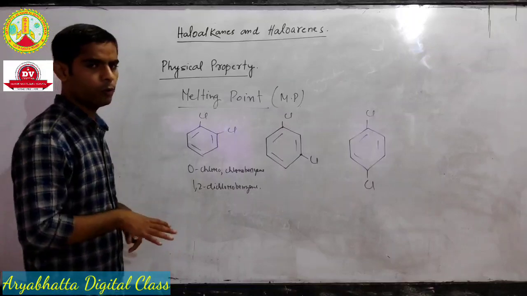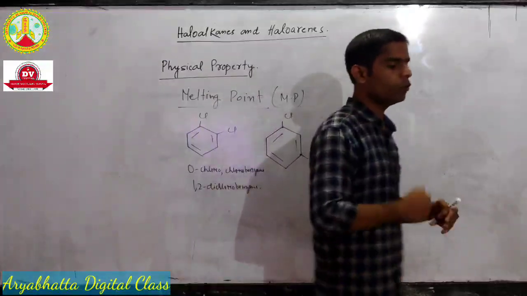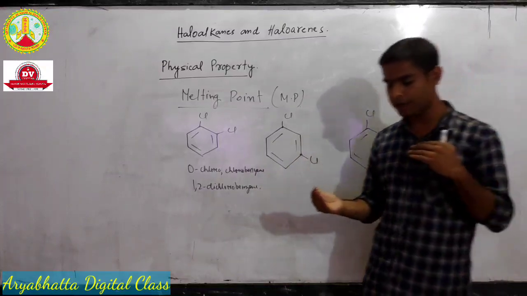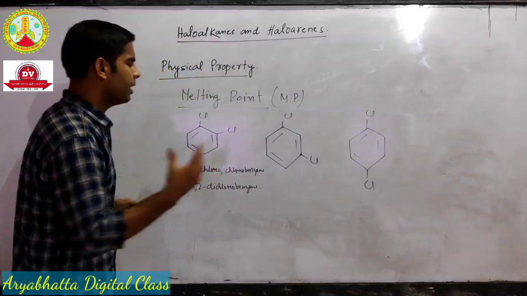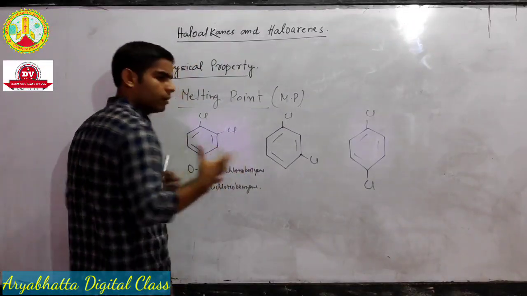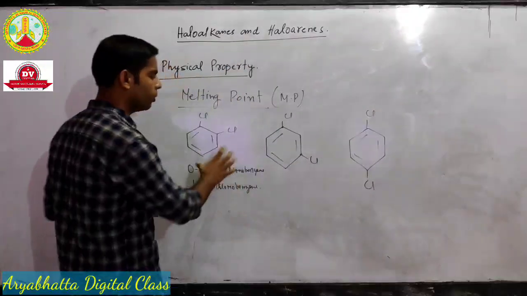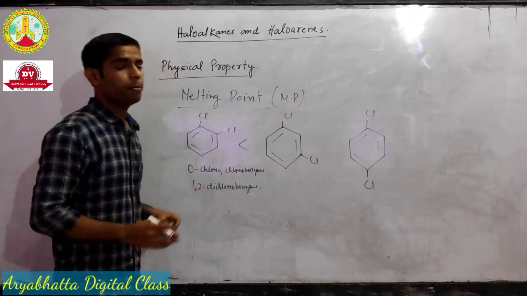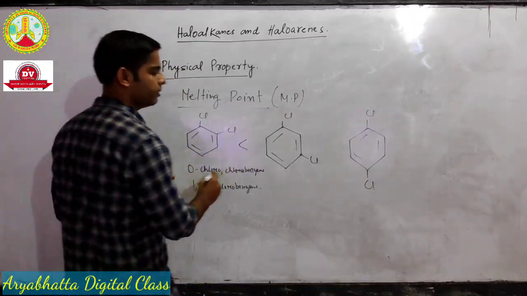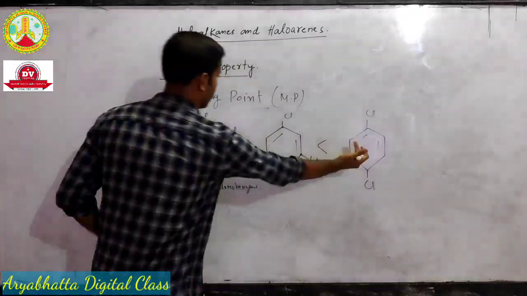We want to know that out of these 3 isomers, which will have the higher melting point, and which will have the lower melting point. Actually, there is no remarkable difference of melting point between ortho and meta isomer. They are almost the same, but there is a remarkable difference of melting point between the meta and ortho, and the para isomer.